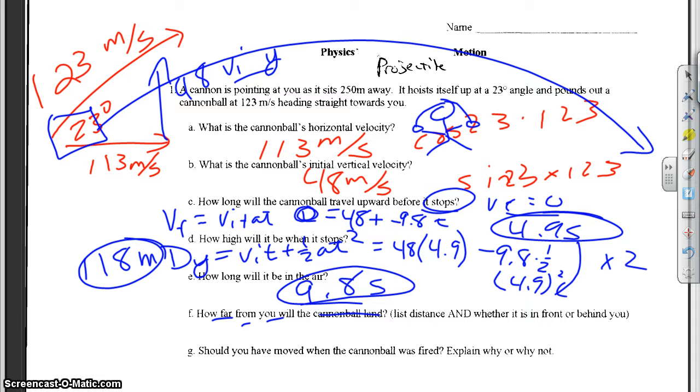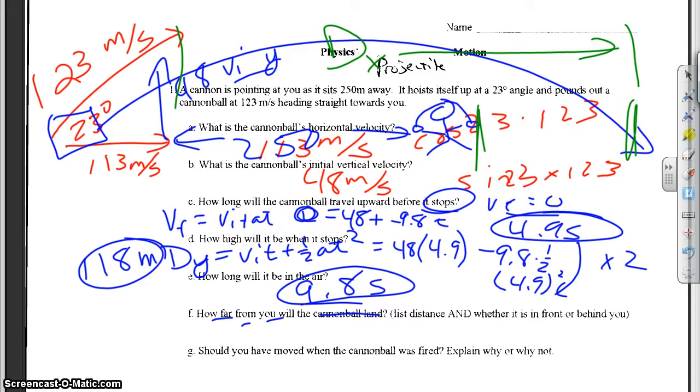So you're 250 away. And the question is, how far from you did it land? So we do need to find this total distance that it goes in the x, which we always get by taking Vx times t. And we have both of those parts.